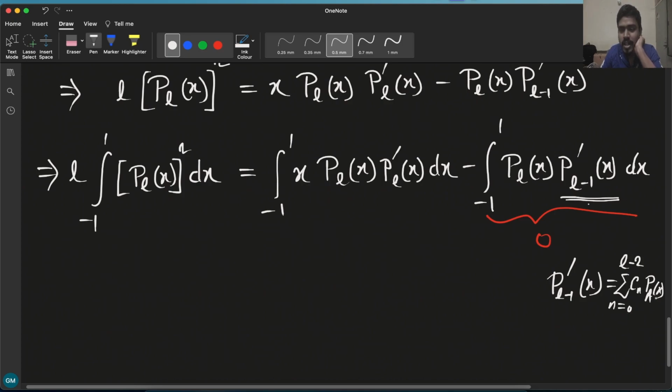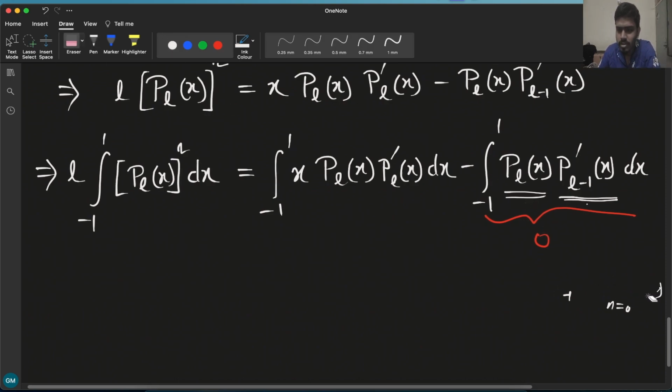So there will be terms like P_0(x), P_1(x), P_2(x), up to P_{l-2}(x). And then it is being dotted with P_l(x). In that case, all the terms will be 0 just because of the orthogonality property.